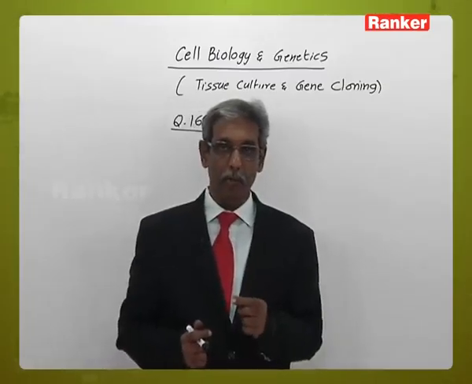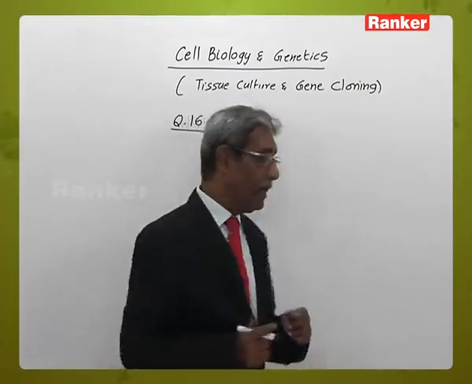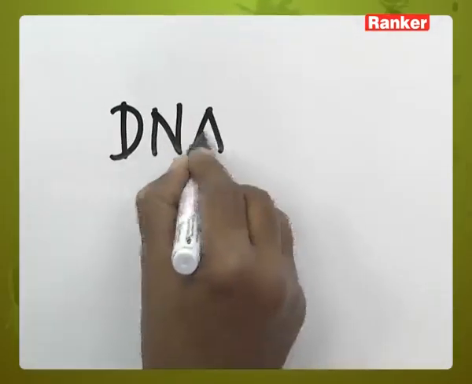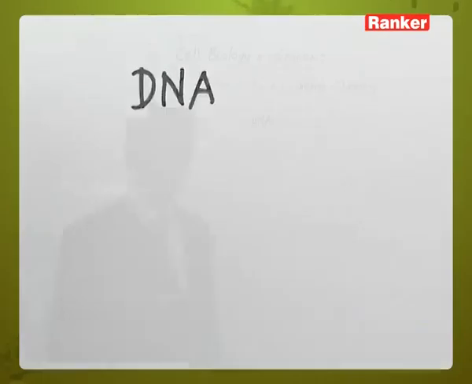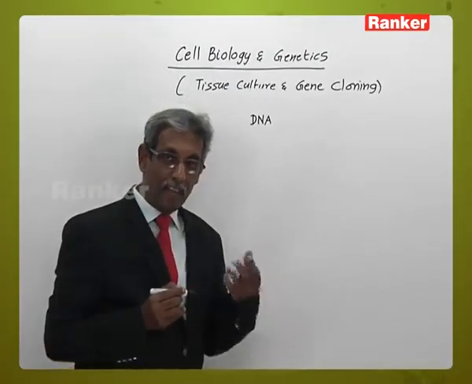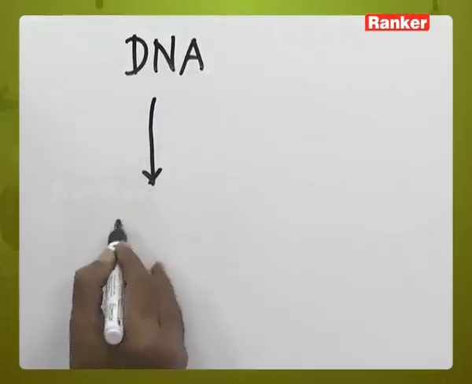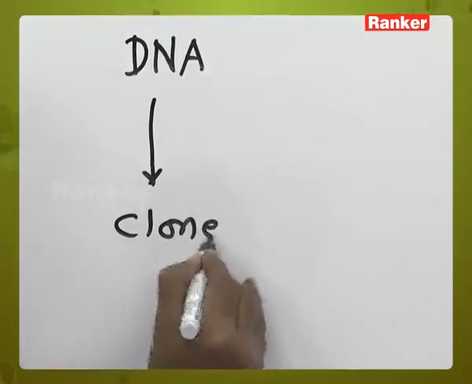Whenever we want to practice gene cloning, initially we have the DNA. The DNA has to be isolated. After we isolate the DNA, from it we take our gene of interest, which is termed a clone.